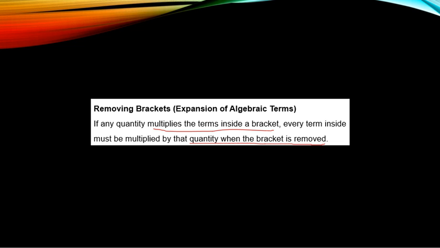This is not new to you, but you should also note it. The term that is outside multiplies all the terms that are inside the bracket when the bracket is being removed.